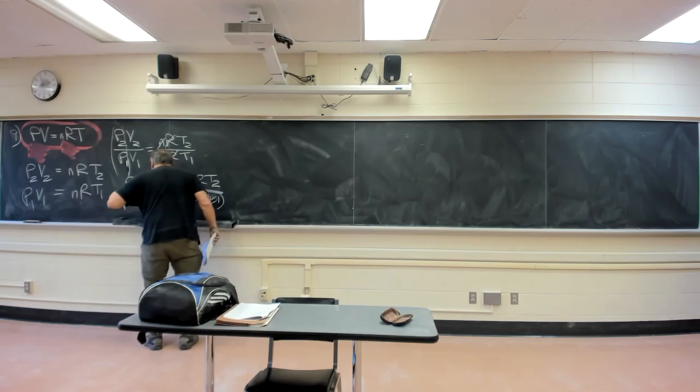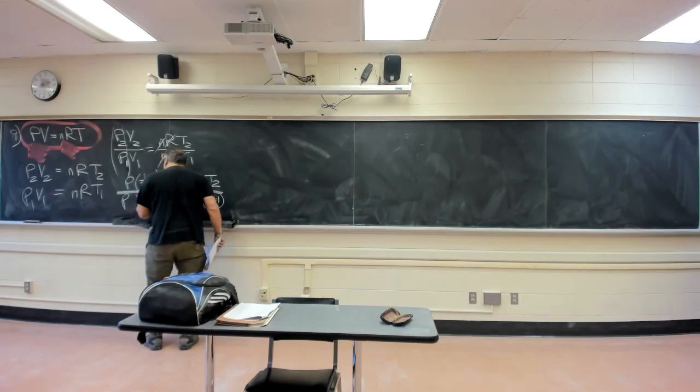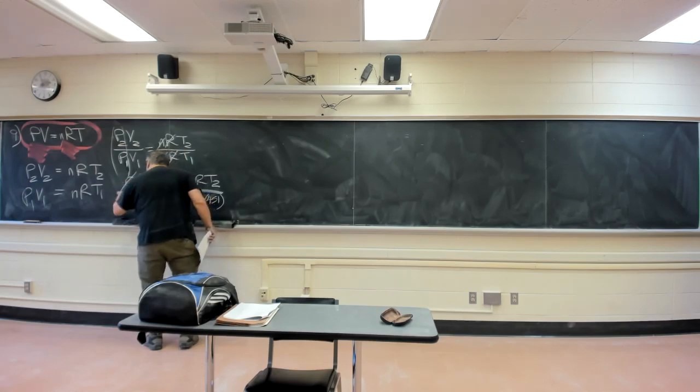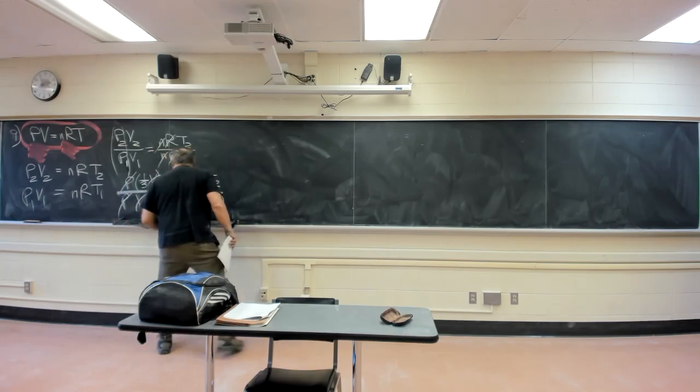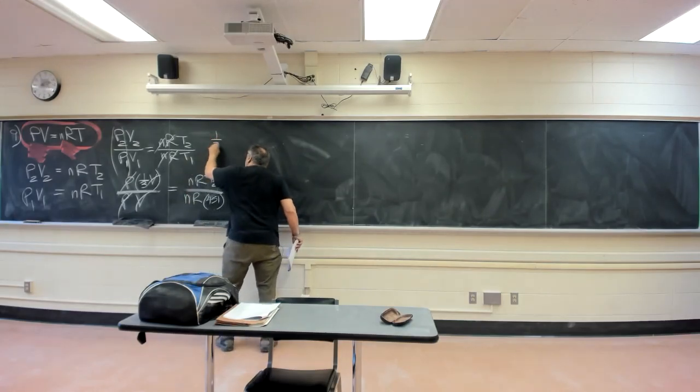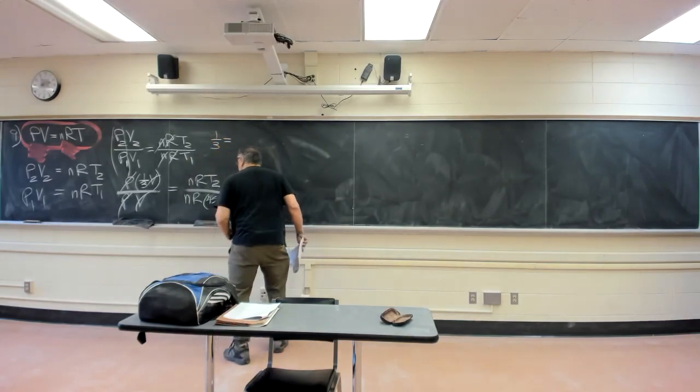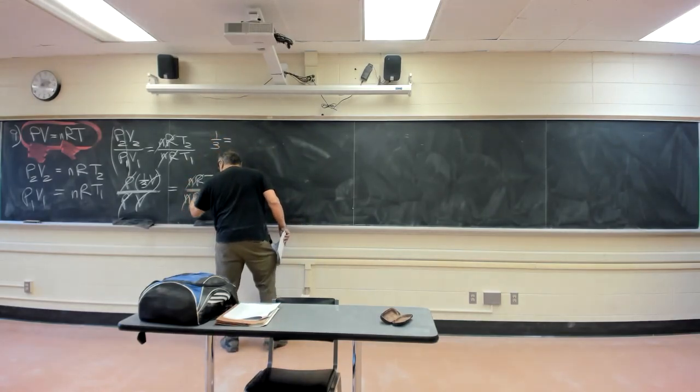How does that happen? Well, it's the pressure 2 atmospheres in all circumstances. Initially, when it was volume V, it was 2 atmospheres. When it's a volume of 1/3 of V, it's still 2 atmospheres. The V cancels, and you have 1/3. The n's go, the R's go.